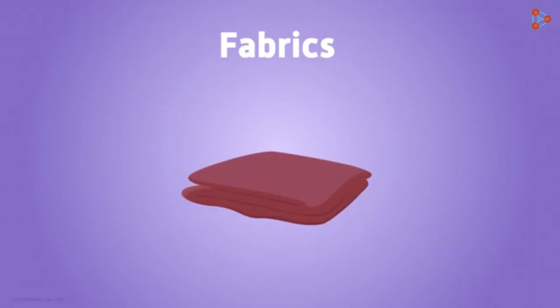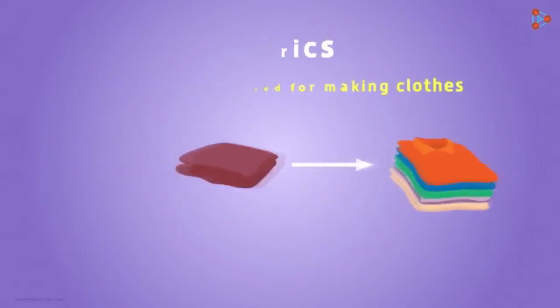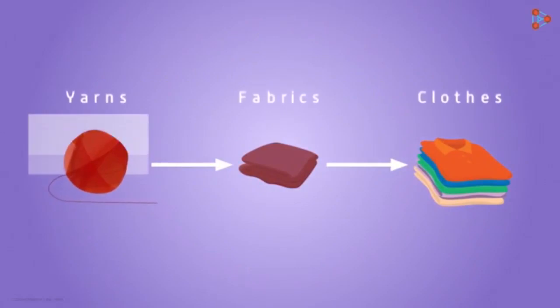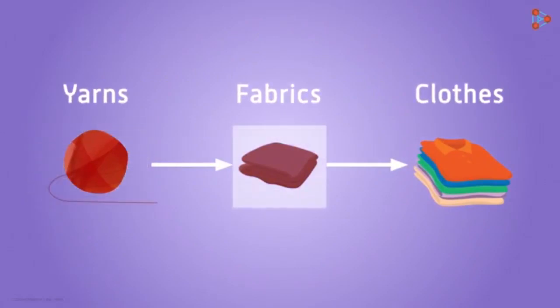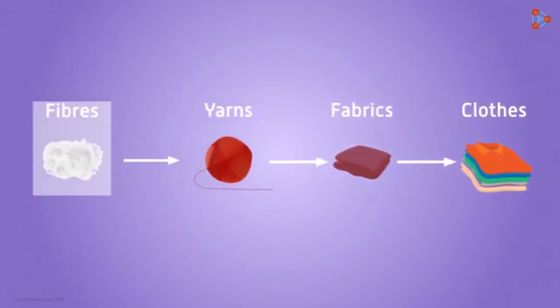And before you ask what fabrics are, these are pieces of cloth that we use for making our clothes. That means yarns are interwoven to form pieces of fabric that can be cut and stitched to make clothes. So fibers are the threads which are used to make long and continuous usable threads called yarn.